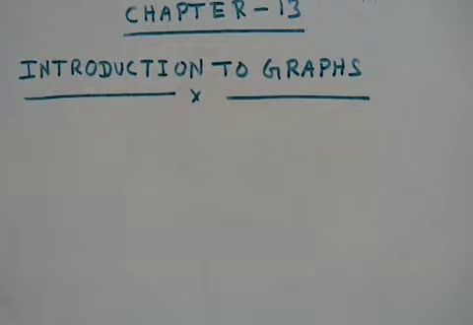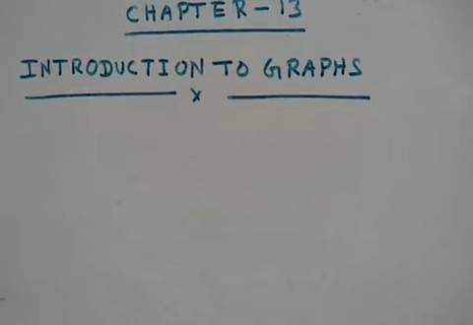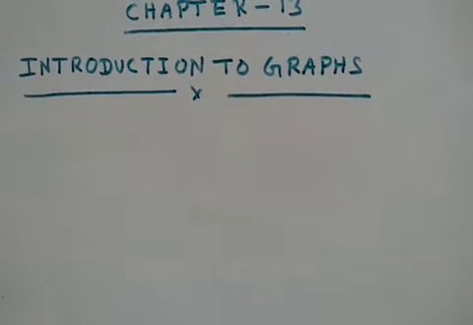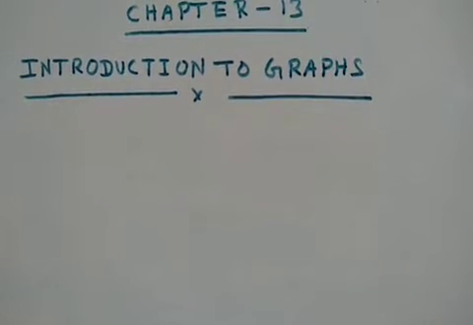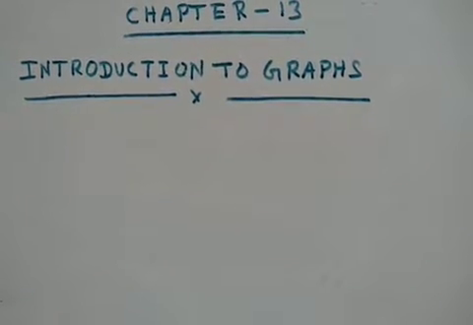Children, when we draw two perpendicular number lines on a plane, first horizontal and second vertical, then the plane is converted into a Cartesian plane.